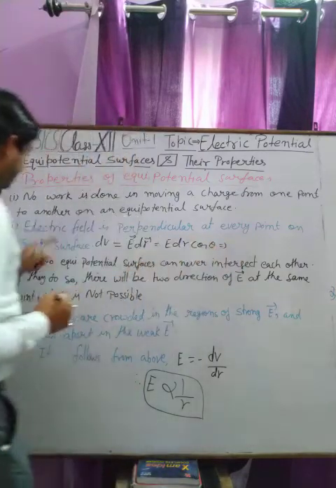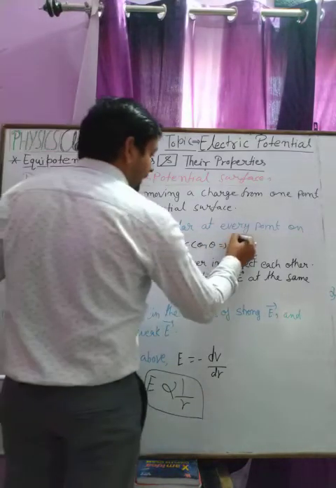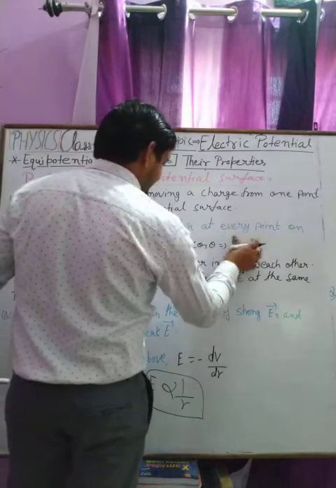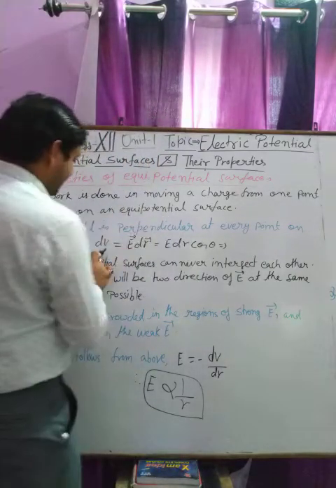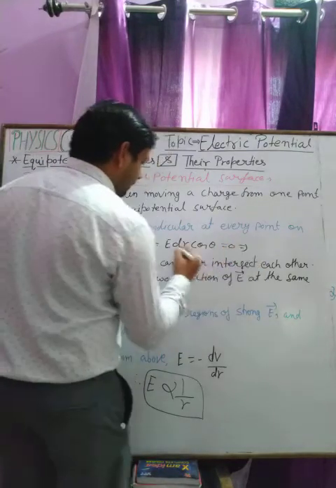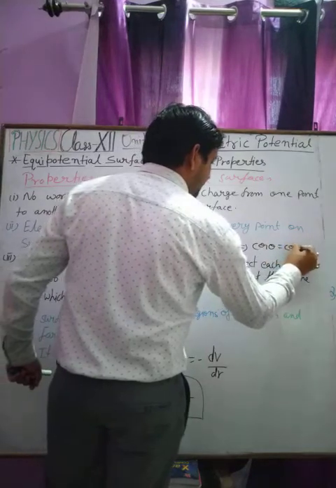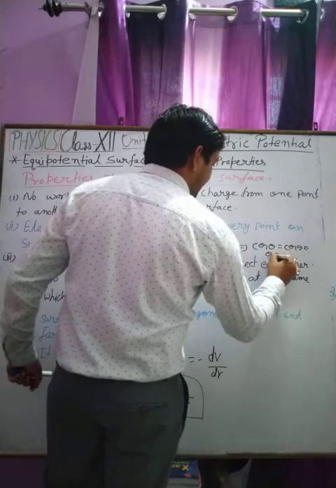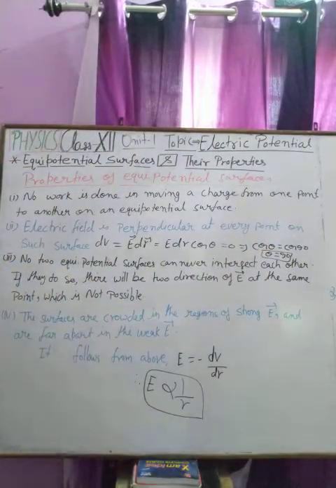Because the electric field is perpendicular to the surface, the potential difference on the surface will become 0. Therefore cos theta is equal to cos 90 degree, so theta is 90 degree. This is a small proof that the electric field is perpendicular to the equipotential surfaces.